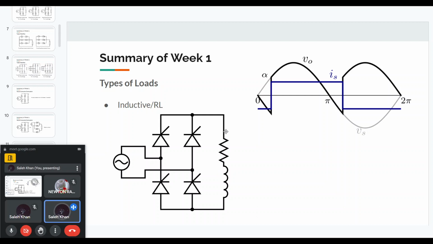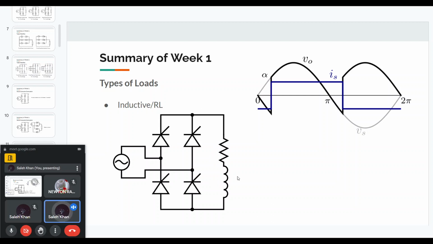An inductive load will have a current that remains constant if the inductance is high, and because of that the voltage can go negative, because in all the circuits that we have seen, the load current can only be positive, because the diodes and thyristors will not allow a negative current, but the voltage can be negative.